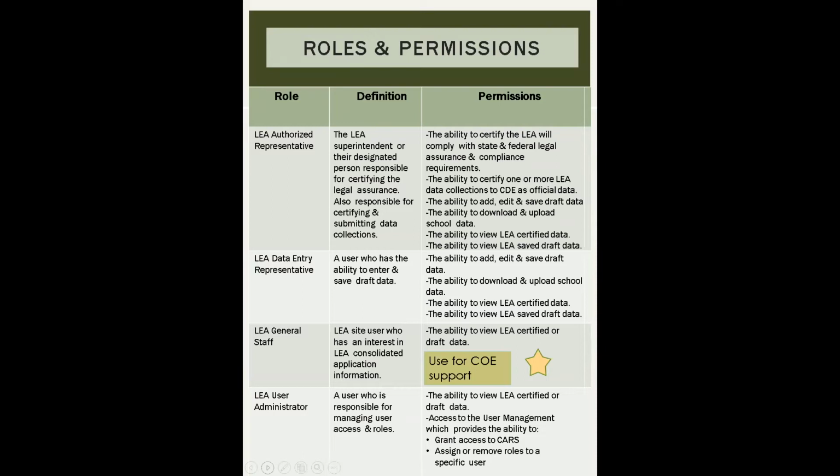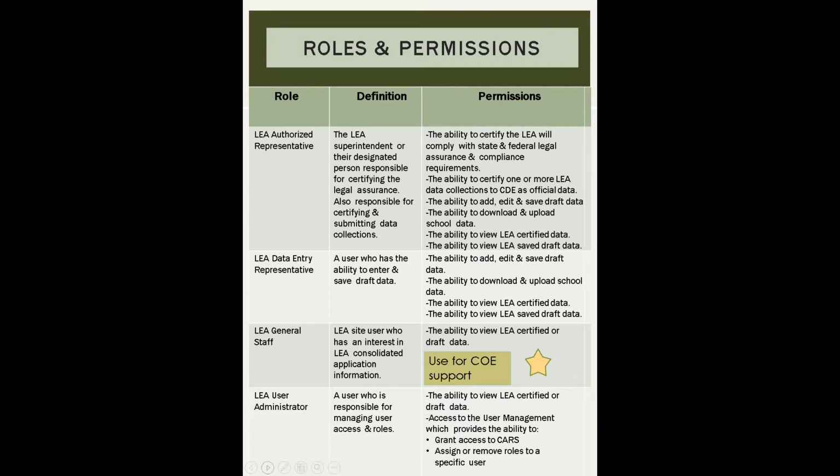Okay, you don't want anyone in there doing things, entering data other than authorized people, but you do have people who might want to support you. And for example, we at the county, we can't see inside your system unless you give us general staff access. So that's what that one is for.